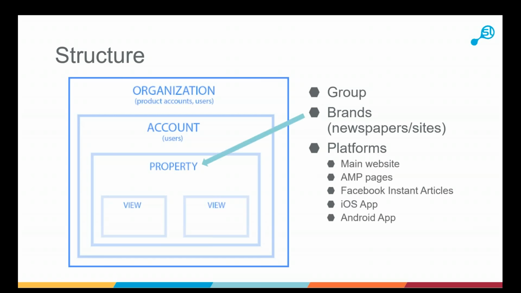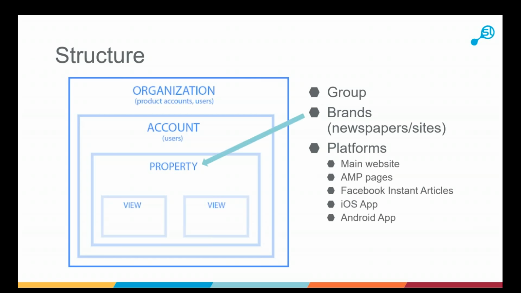Google's documentation says that really platforms should map onto properties, but in this particular instance we matched the brands. So we mapped all the brands onto properties, and any hits from each platform were then posted into that property, and then we could separate them back out again using views.